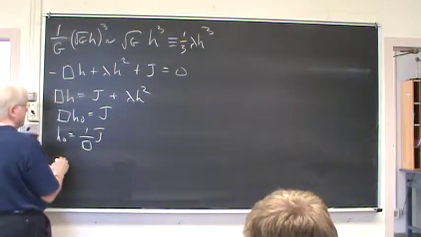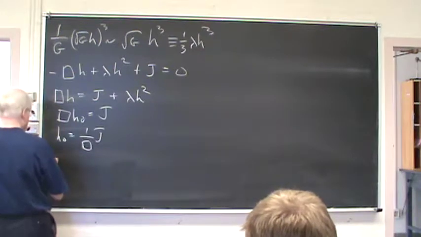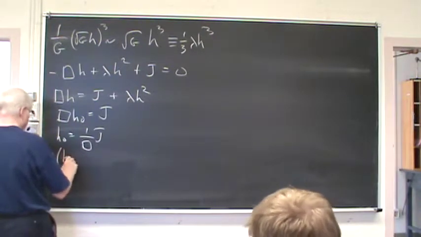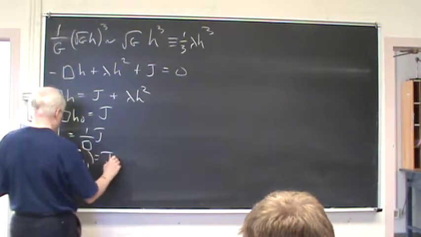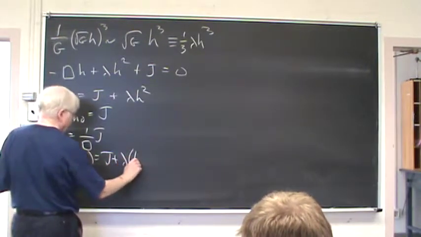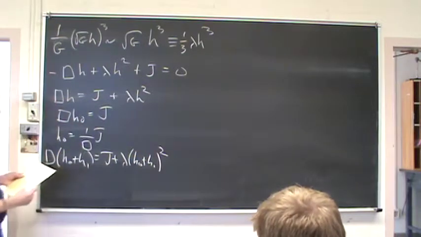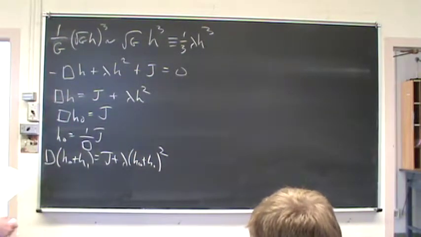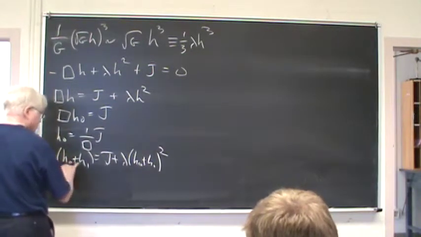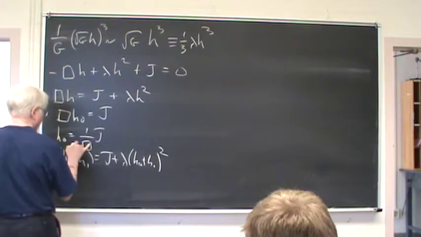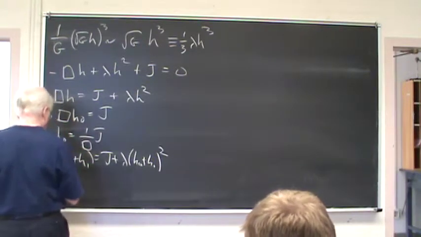And then we would say H is H0 plus H1, so we'd have box of H0 plus H1 is J plus lambda times H0 plus H1 squared. Okay. And since box H0 is J, we know how to solve this, basically the way we solve things in the front there.